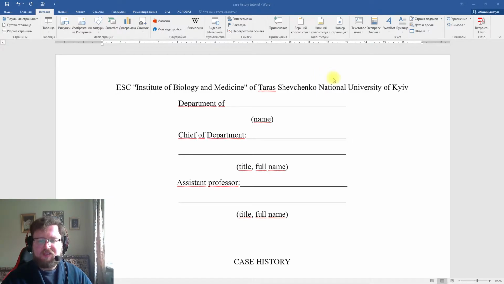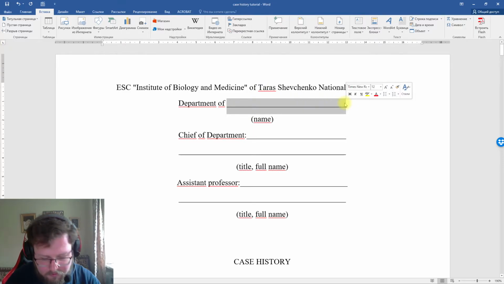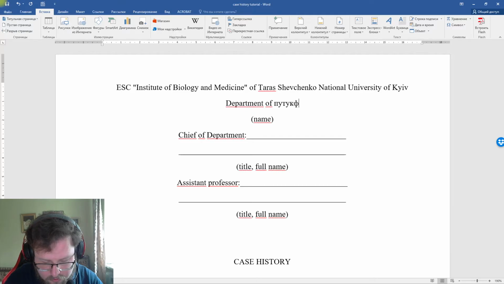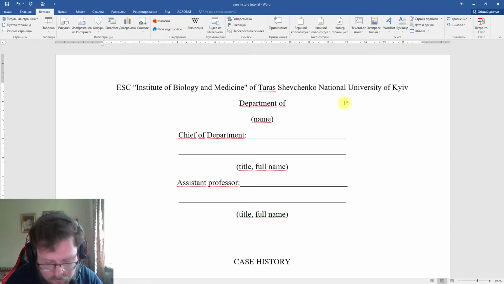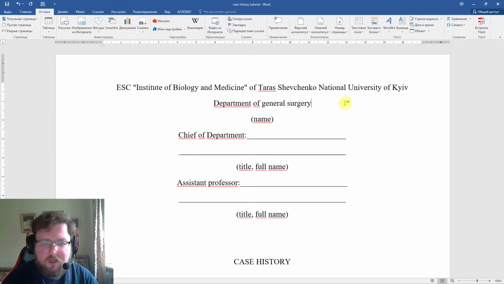Okay, so the case history starts with the title page. The title page has the name of your institution. It is the Institute of Biology and Medicine of Taras Shevchenko National University of Kiev, Department of General Surgery. Chief of Department, that's what goes next.